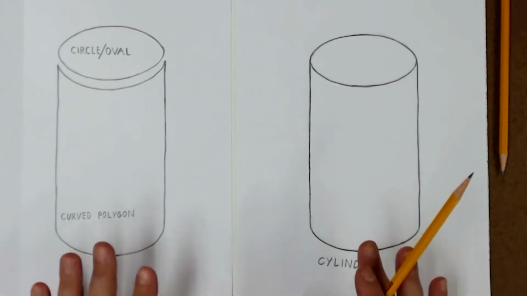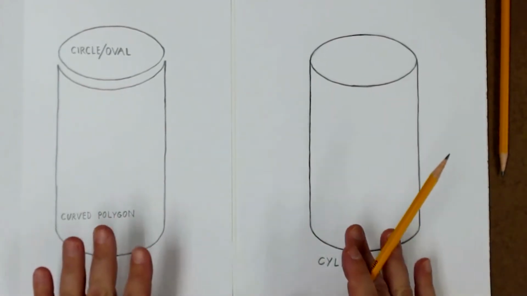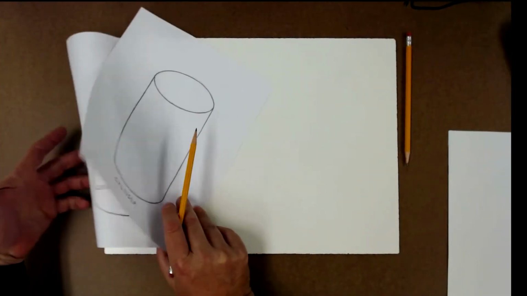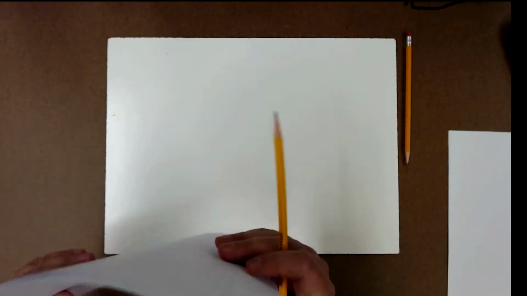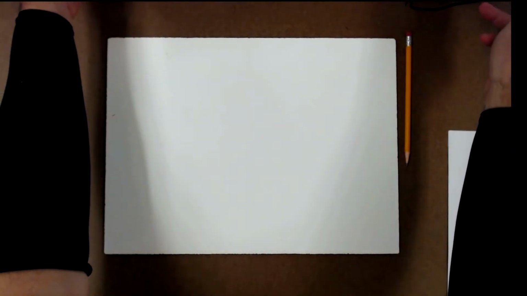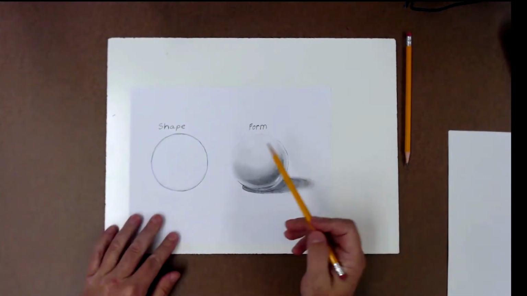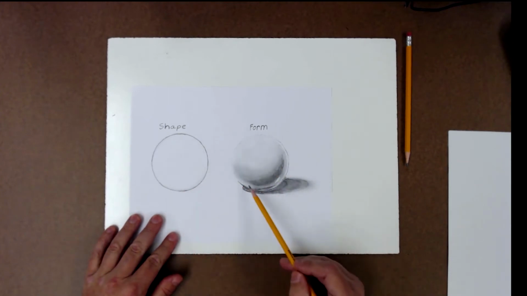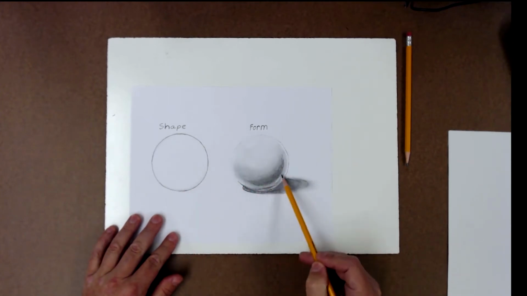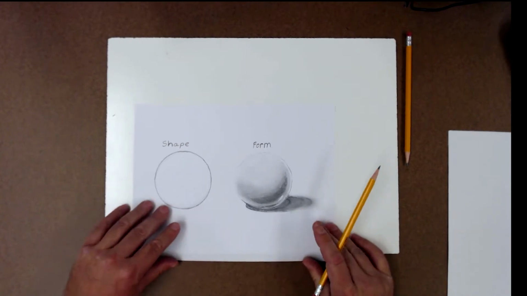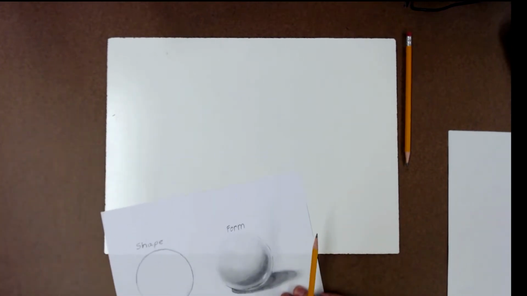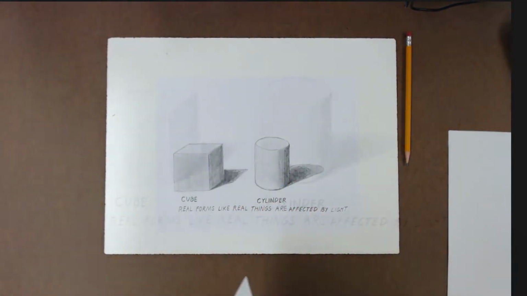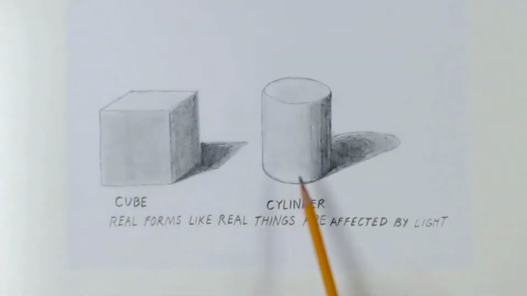So how do we turn these shapes into true forms? Okay, well, once again, it is through light. So just like on this picture of this sphere, the circle becomes a sphere through light and shadow, then the same thing can happen with the cube and the cylinder.